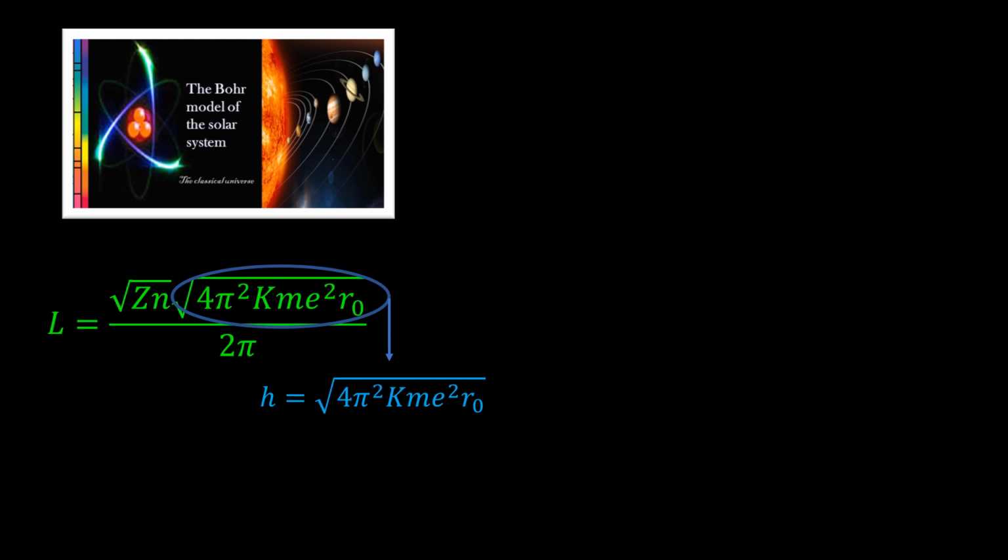We noticed that the Planck's constant can be written as a function of four fundamental constants, which are the Coulomb's constant, the mass and charge of an electron, and the Bohr radius. You can sub in the values of these constants yourself to confirm that this combination will give you Planck's constant. Hence, we get the Bohr equation as this.